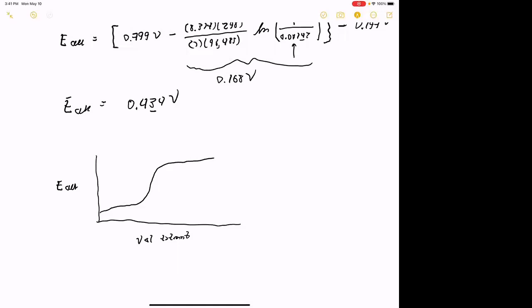Of course, you know what to do. You're going to find the point of steepest slope in the titration curve, and then you would come down to the volume axis here, and that would give you your equivalence volume, just like it would in any other titration curve that we've looked at. So it works just like a pH titration curve in that sense.